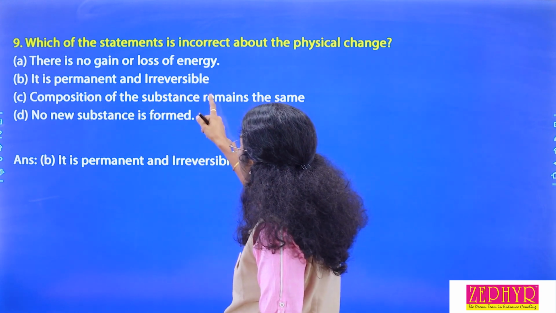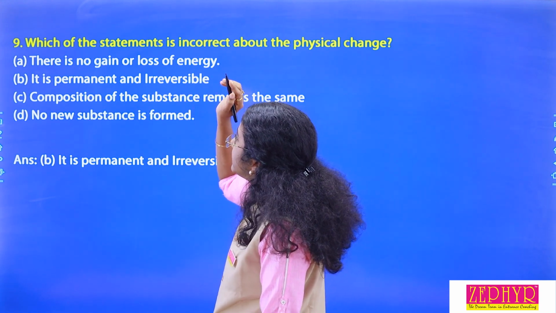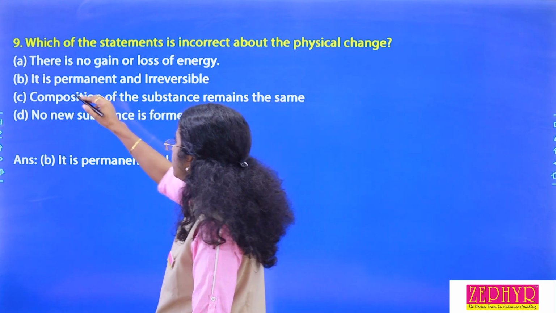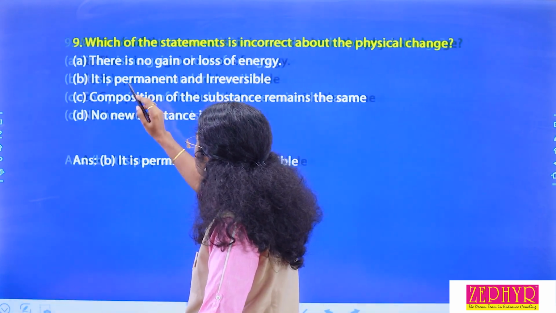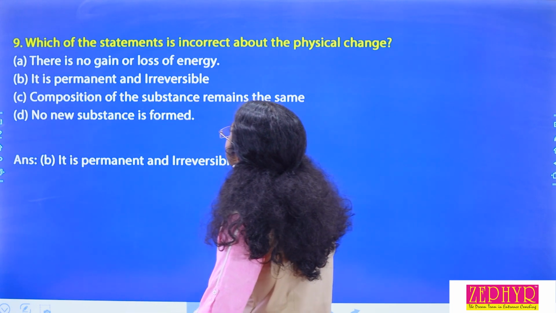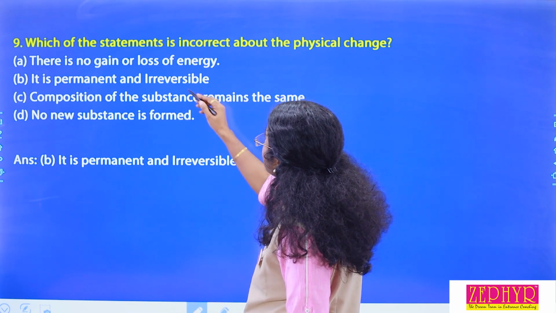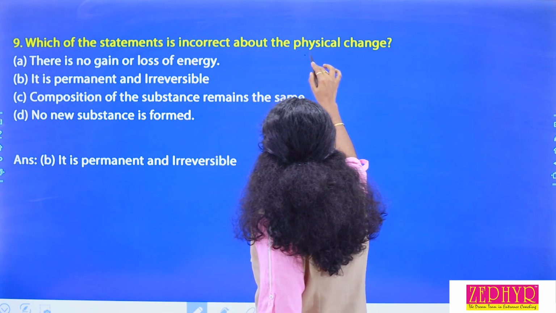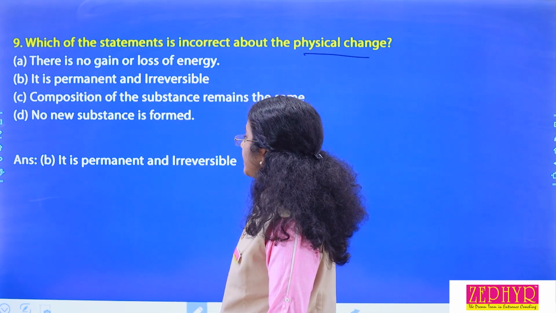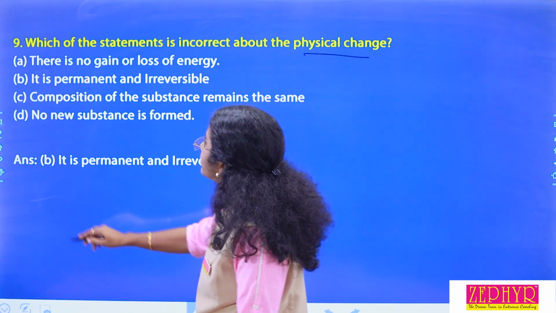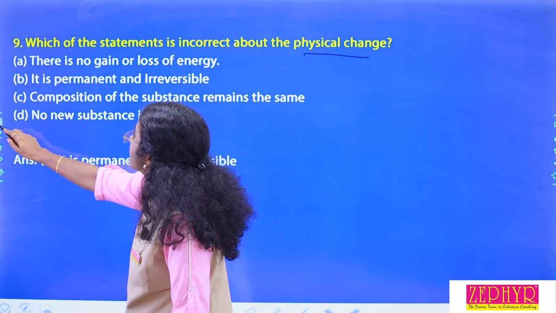It is a permanent and irreversible change, this is the wrong statement. A physical change is a temporary and reversible change. Option B.